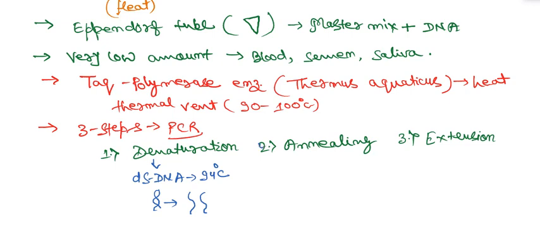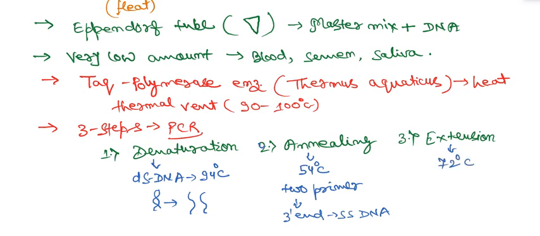Second is annealing, at a temperature of 54 degrees Celsius. In this step, two primers are used. The two DNA primers attach to the 3' end of the single-stranded DNA. The last one is extension, at 72 degrees Celsius.